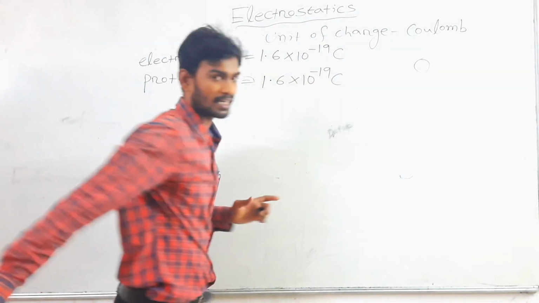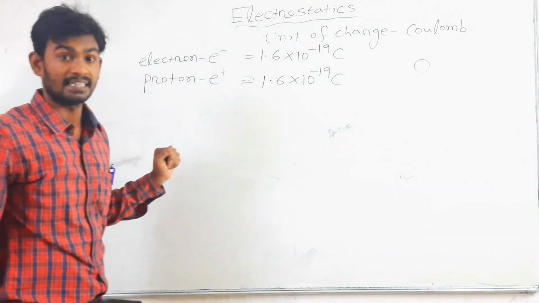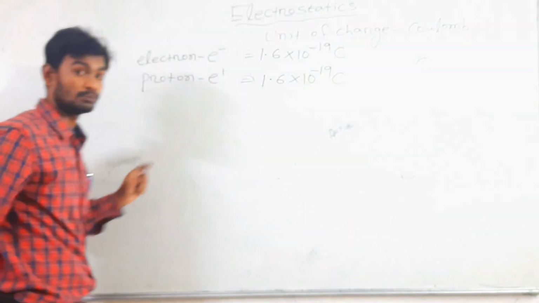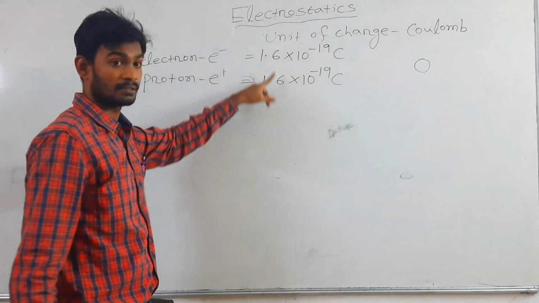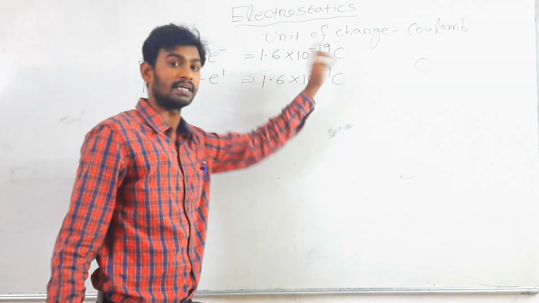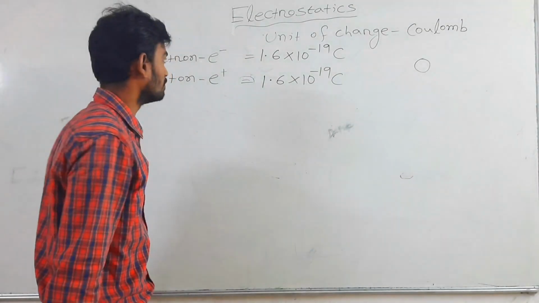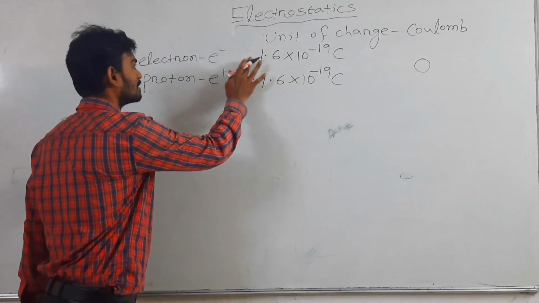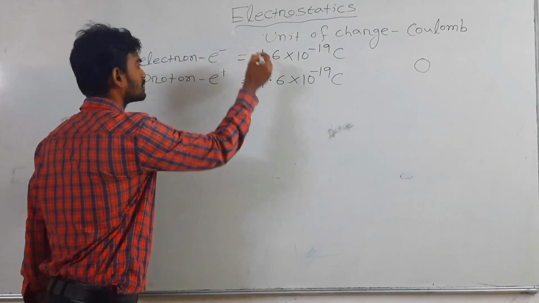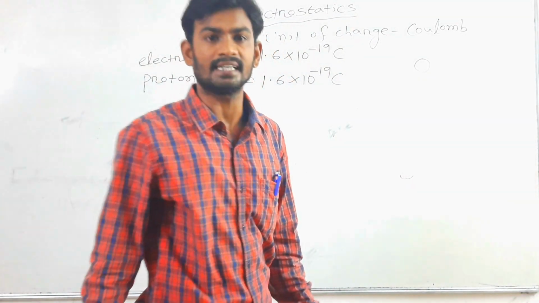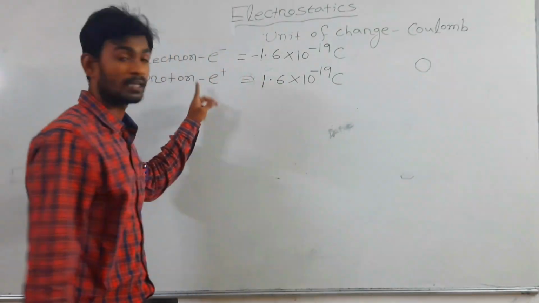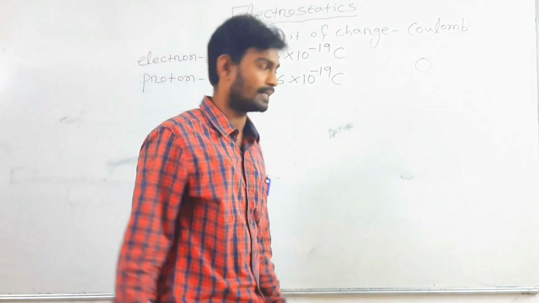These are two elementary charges. But in the case of the electron, we have to put a negative sign, as the electron is a negatively charged particle and the proton is a positively charged particle.